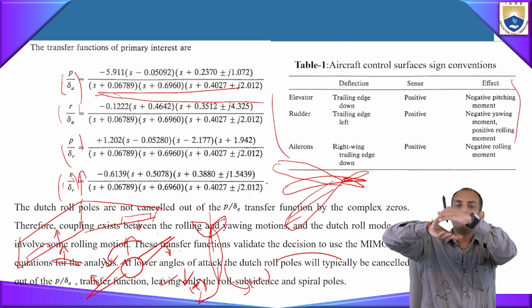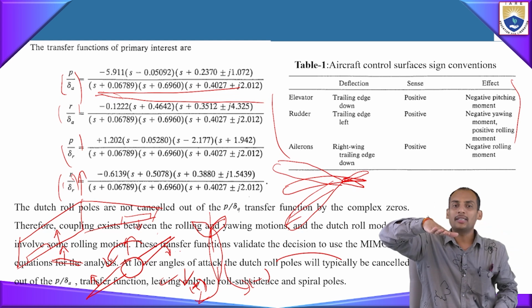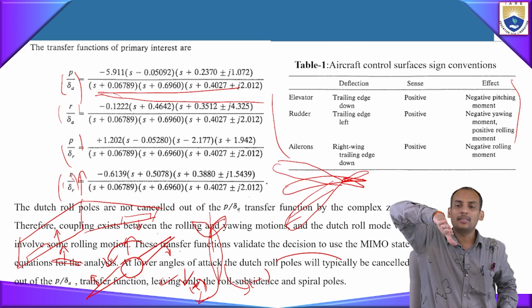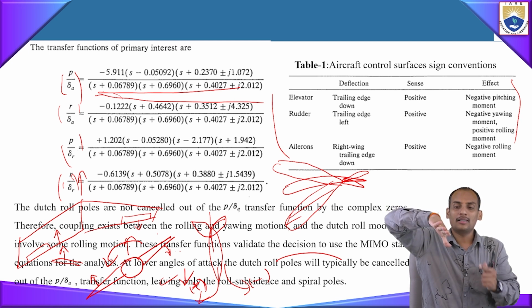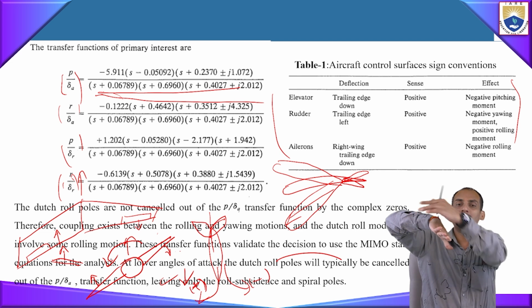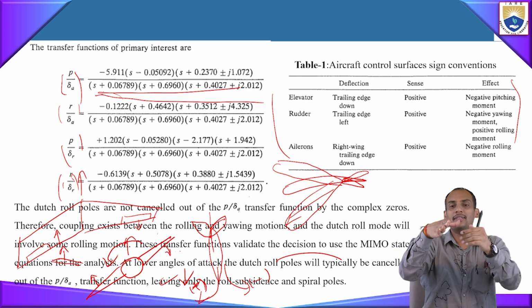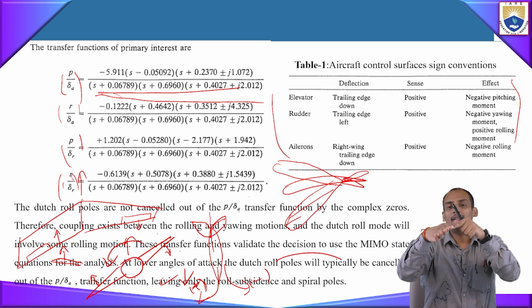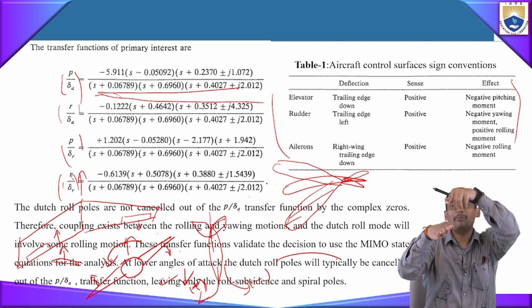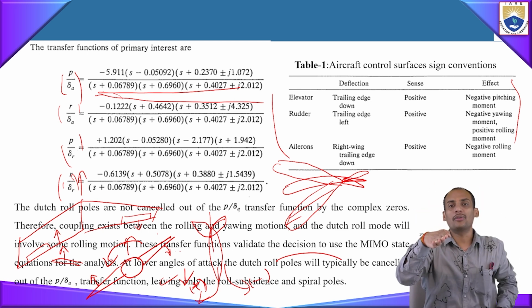When this one is downward and this one is upward, it will bank like that, and that will be negative. When the left wing is upward and the right wing is downward, it will bank like this, and this will be the positive rolling moment.